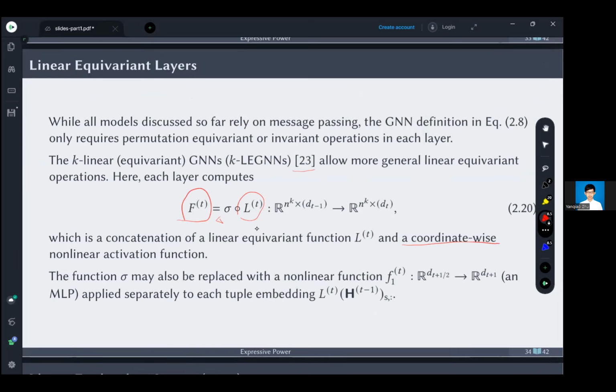And this sigma function can also be replaced with something far more complex, for example an MLP that gives you more representation ability.